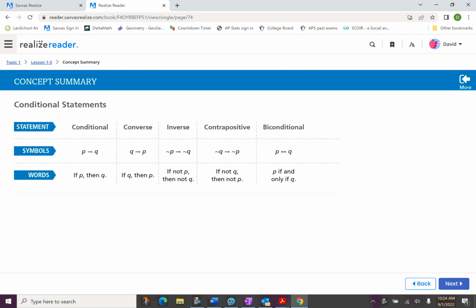Okay, so this is a lot of writing once we get to the quiz. Once we get to the test, what you will find, why are we even doing this, Mr. Mark? A lot of the theorems that we're going to talk about are written in conditional form.